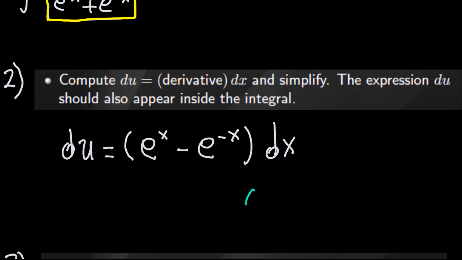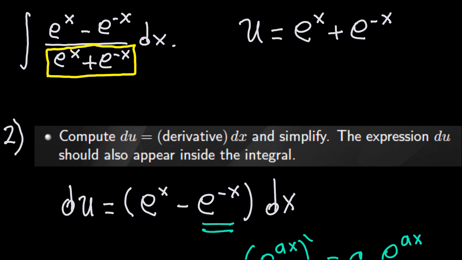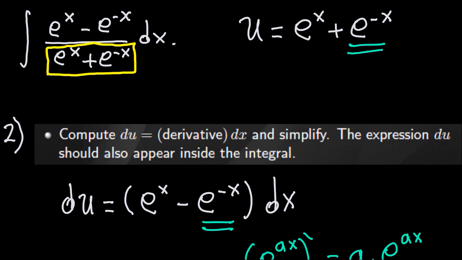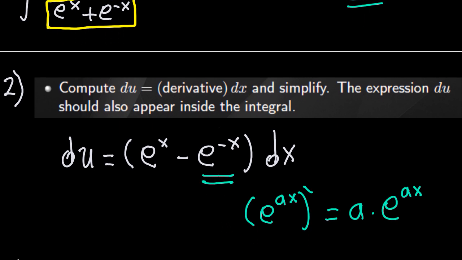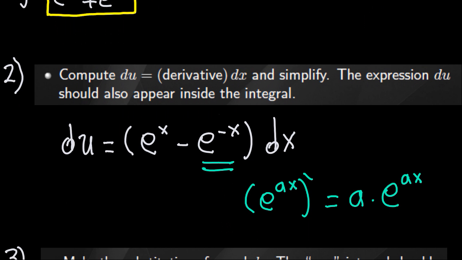The rule of differentiation: when you have a non-zero constant a, the derivative, the prime there means derivative, of e to the ax is the constant times e to the ax. That's exactly the rule I used here. In this case, my a is negative 1. So that is the du.